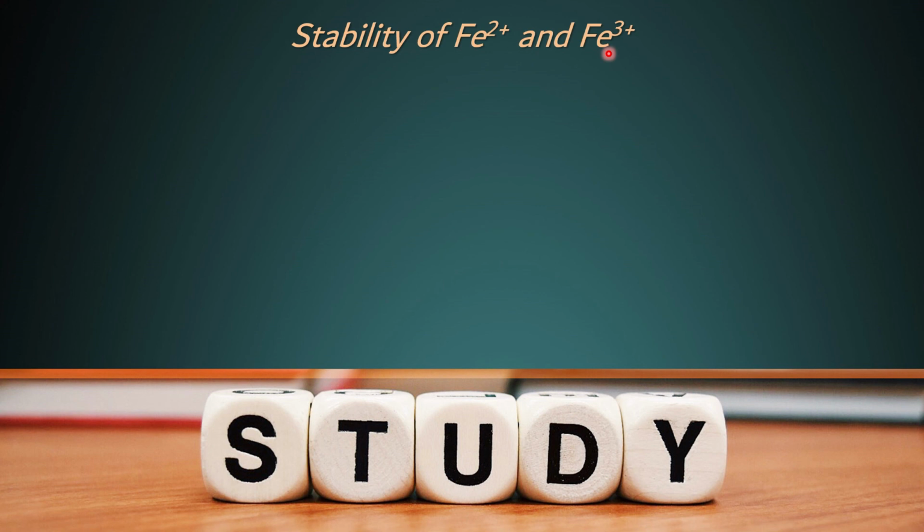There are huge numbers of compounds of both ions. But here, which ion is comparatively more stable? How can you understand this? You know that degenerate orbitals gain more stability when they are half-filled or fully filled.